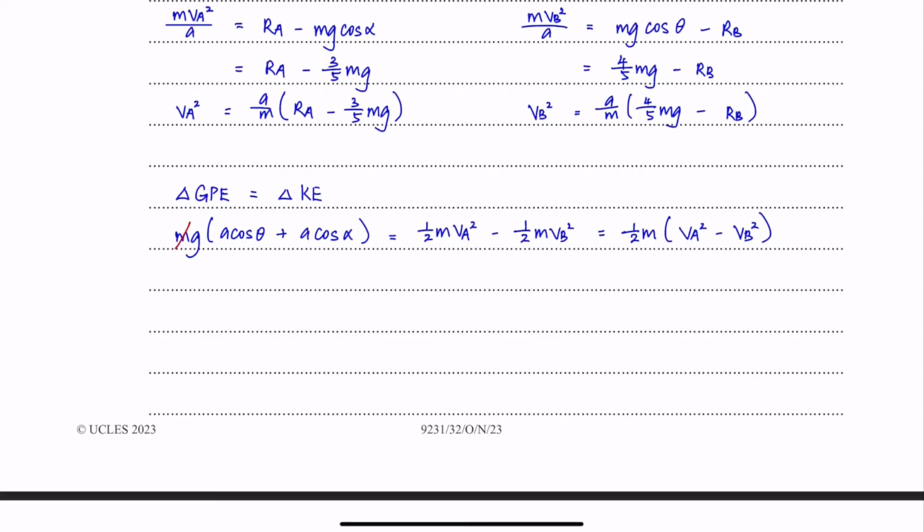Now we cancel off the m, and we would have ag times 4 over 5 plus 3 over 5 equals half Va squared minus Vb squared.